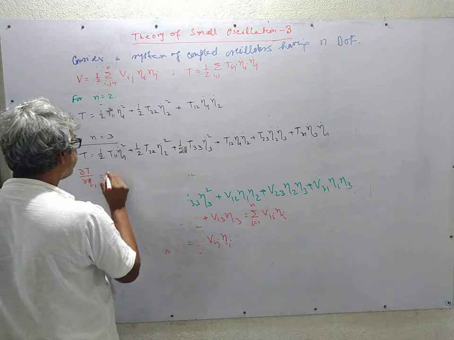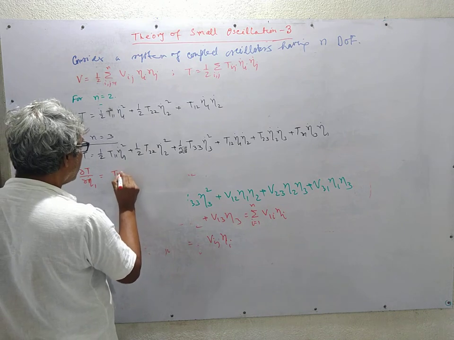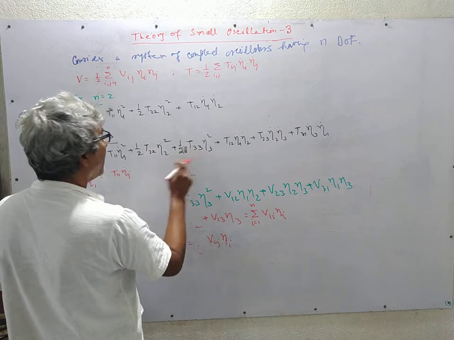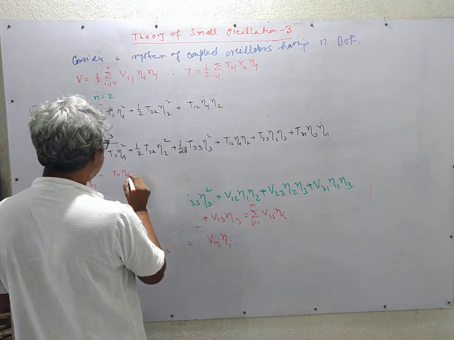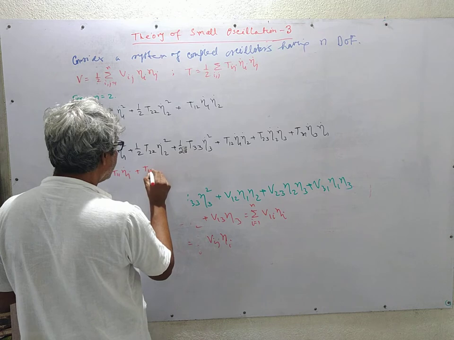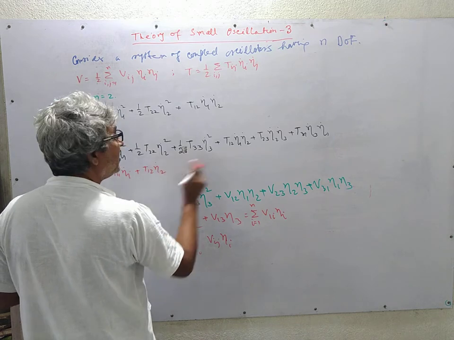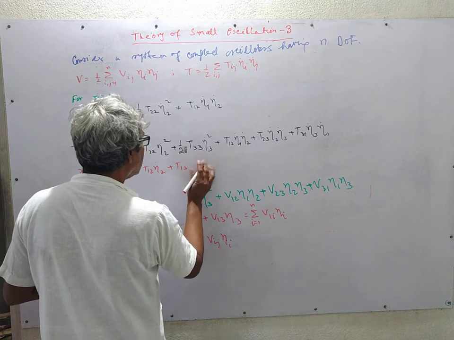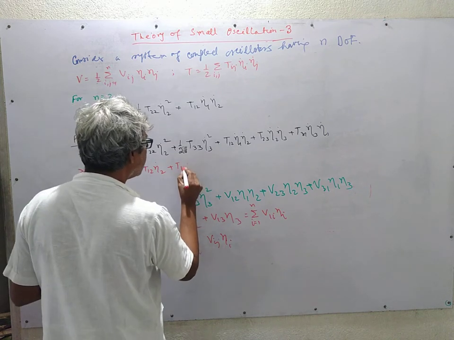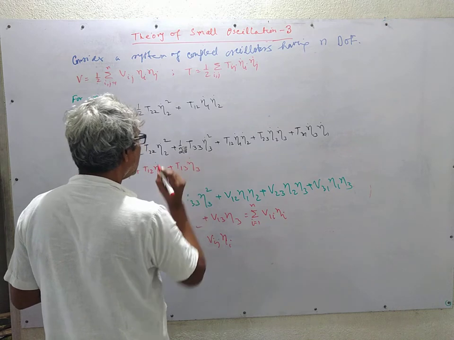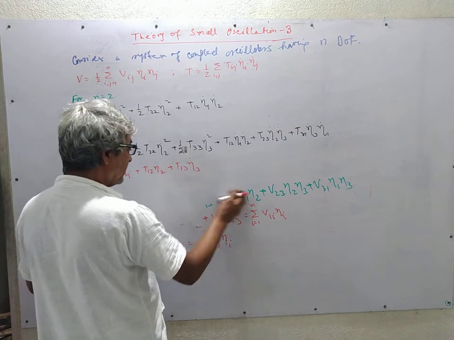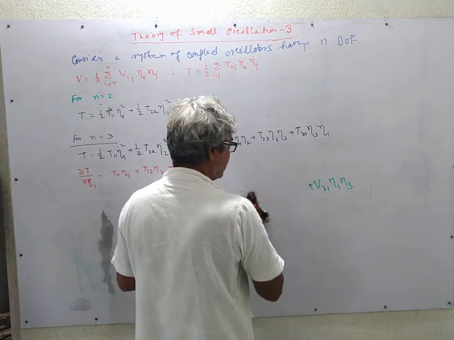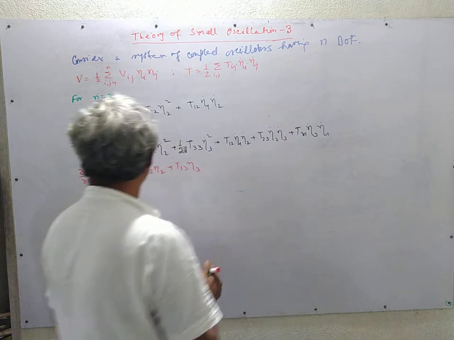Then from T11 eta 1 dot, from there we will get T12 eta 2 dot, and from here we get T13 eta 3 dot. So obviously the Lagrange's equation also leads to a coupled differential equation, as we shall see right now.